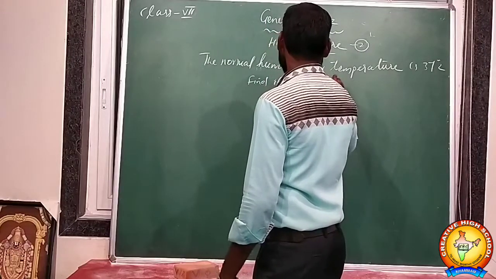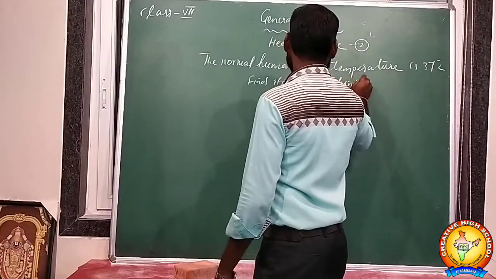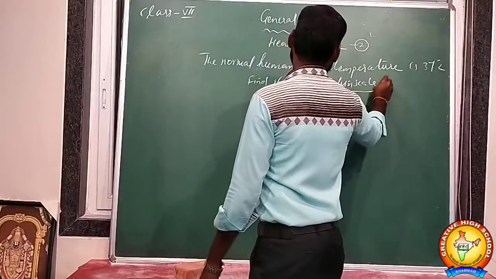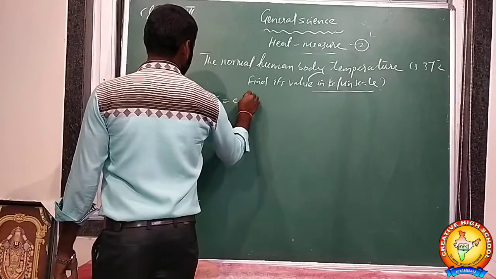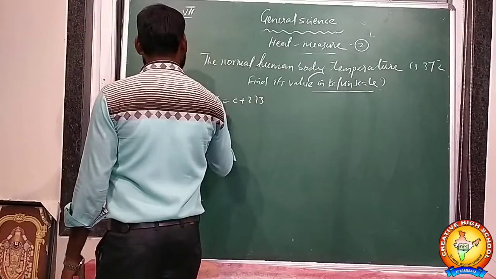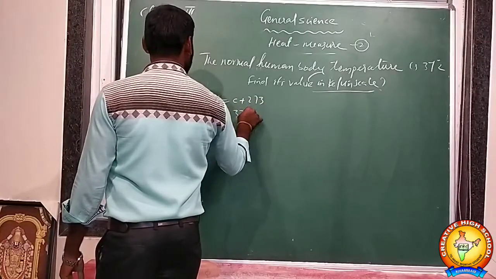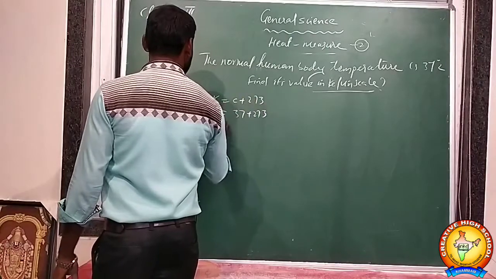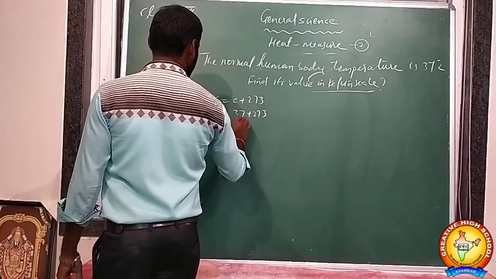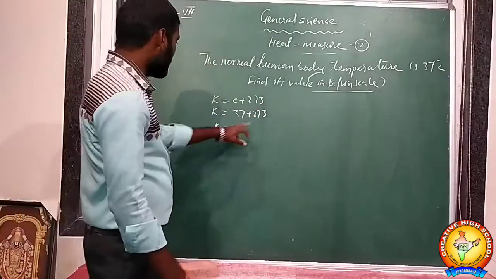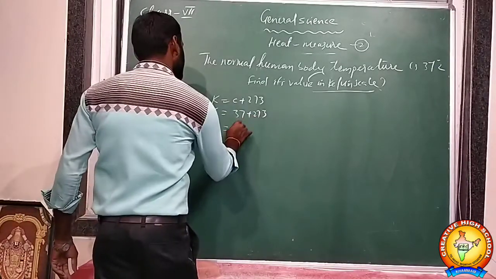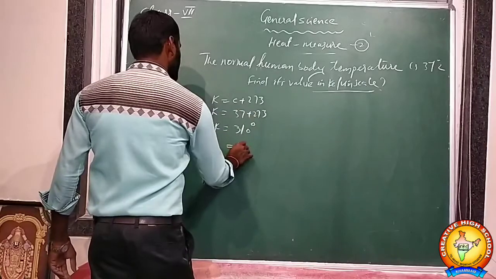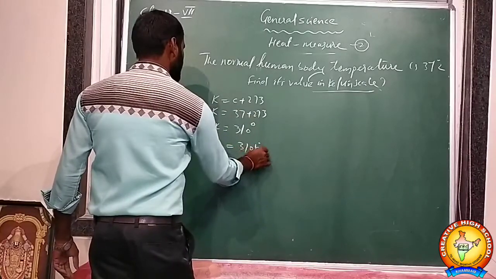How much is the value in the Kelvin scale? In the Kelvin scale, the formula is K is equal to C plus 273. So K is equal to 37 plus 273. How much is it? 37 plus 273, so 270 plus 30 is 300, plus 7 plus 10, that is 310. So that is equal to 310 degrees Kelvin.